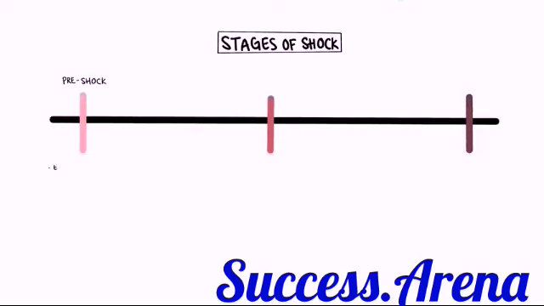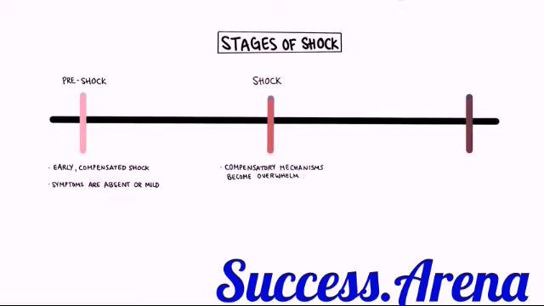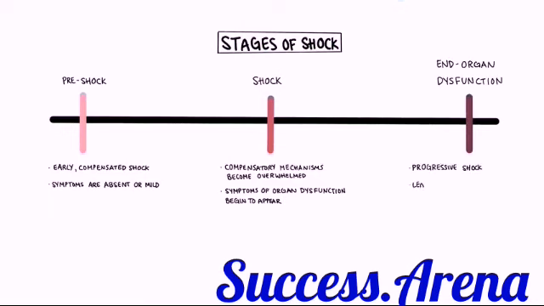In pre-shock, you have early compensated shock, where symptoms are absent or mild. Then in shock, the compensatory mechanisms become overwhelmed and symptoms of organ dysfunction begin to appear. Then you have end organ dysfunction, where progressive shock leads to irreversible organ damage and death.